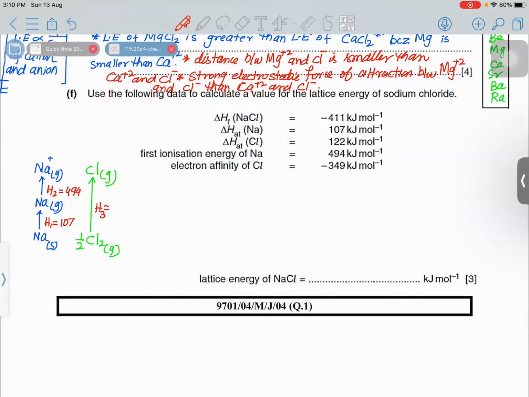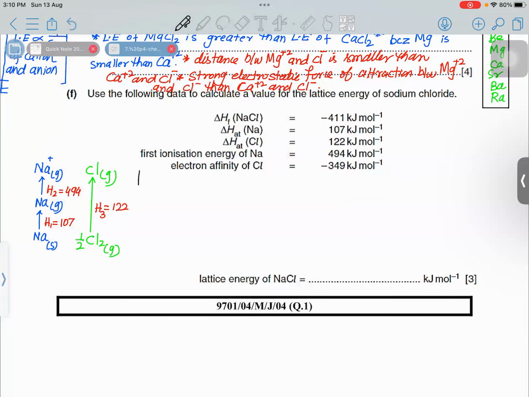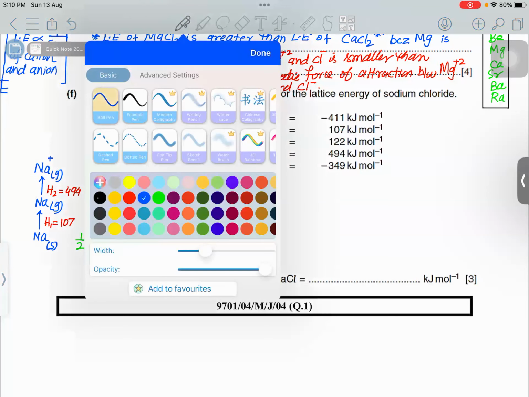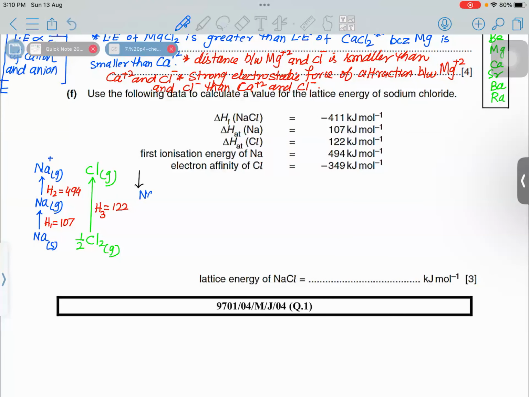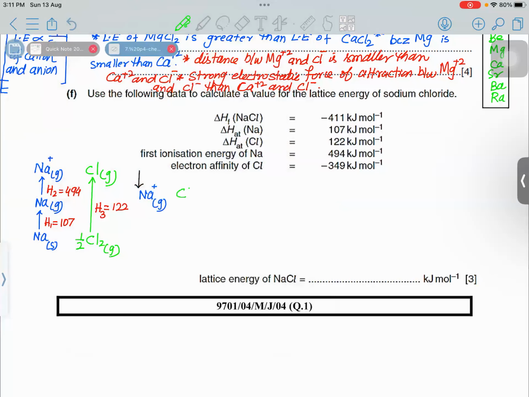Can you tell me? 122 is given. 122. Now, sodium positive gaseous and then Cl negative gaseous. Yes. What is this?